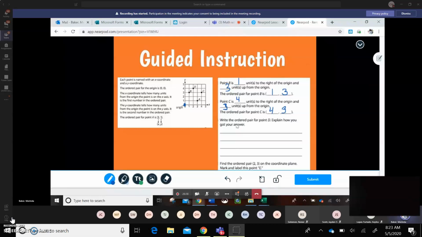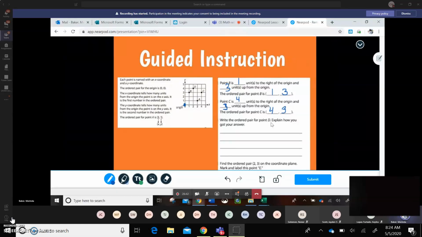David, it says write the ordered pair for point D. Explain how you got your answer. So David, explain to me how will we get to, well, first of all, what is the ordered pair for point D? Describe to me how you get there.